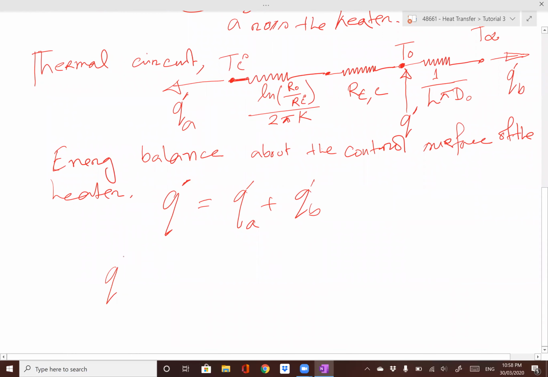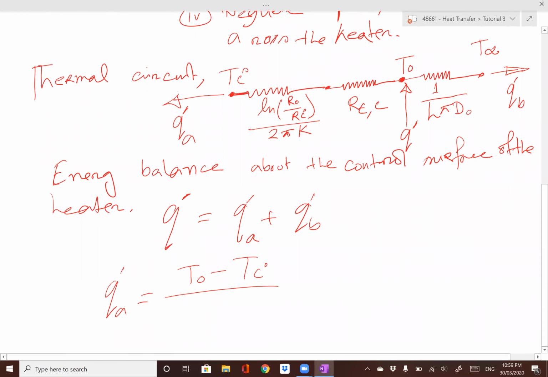Okay, towards the A, it will be the heater temperature minus inner tube inner temperature, divided by the thermal resistance.